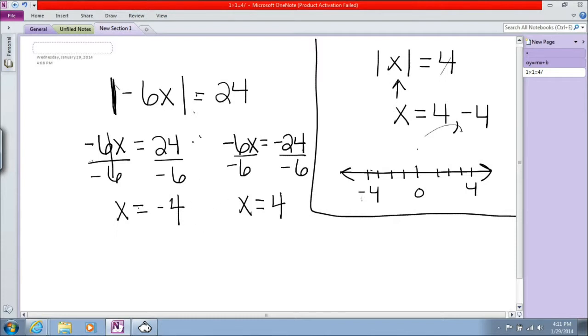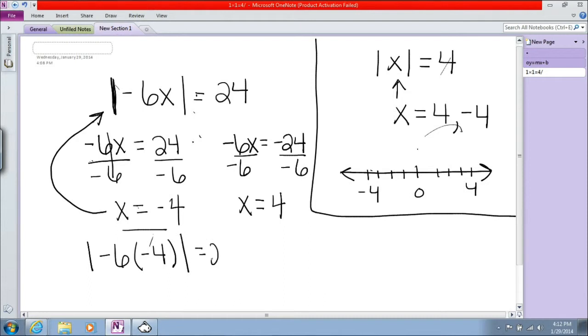Now Luigi said that we needed to check the work. To check the work for any equation, you always want to go back and put your answer into the original problem. So we'll start with our first solution, which is x equals -4. So we have the absolute value of -6 times -4 equals 24.